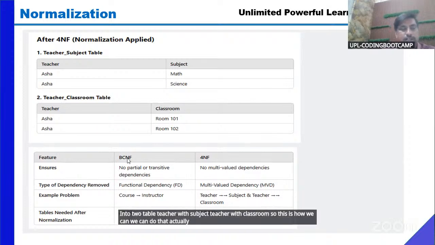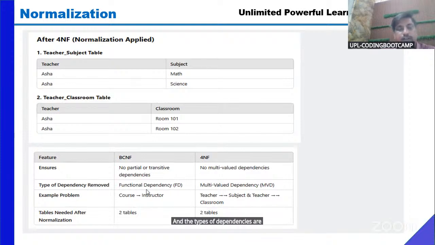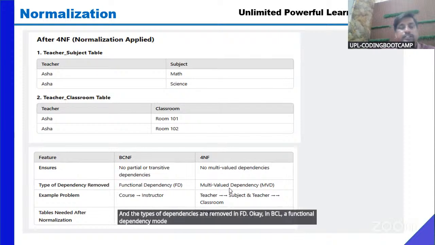So there is BCNF and fourth normal form. BCNF means no partial or transitive dependencies, because BCNF is an extension of third normal form only. In BCNF, functional dependencies are removed. Here, multi-valued dependencies are removed.